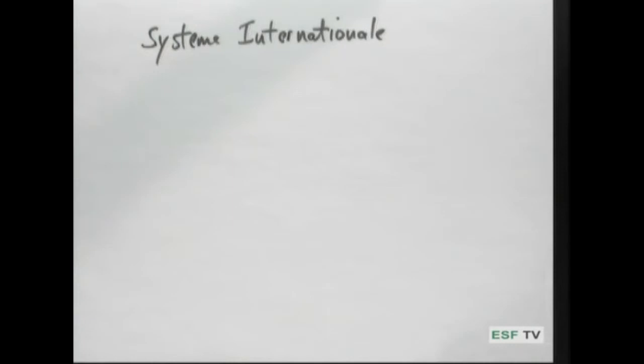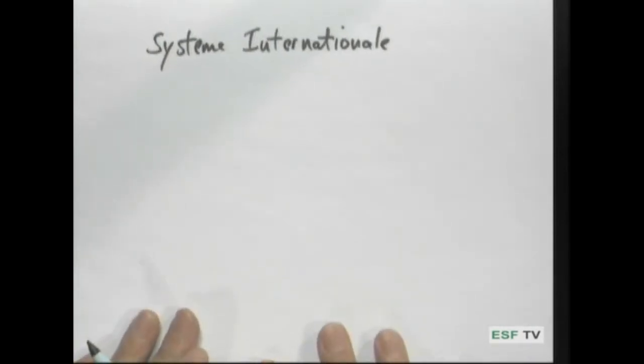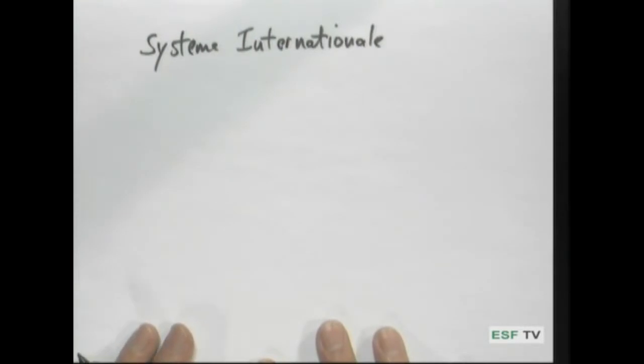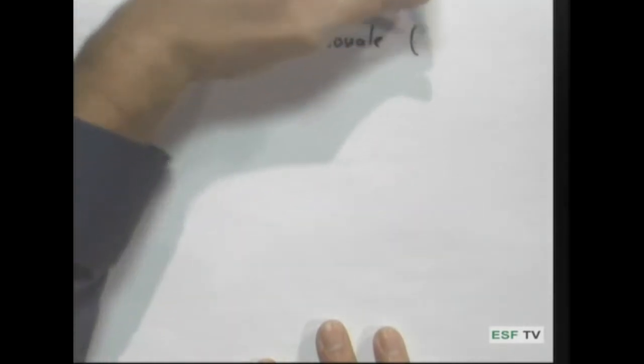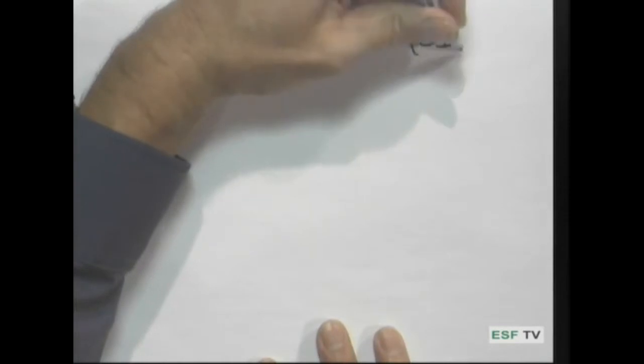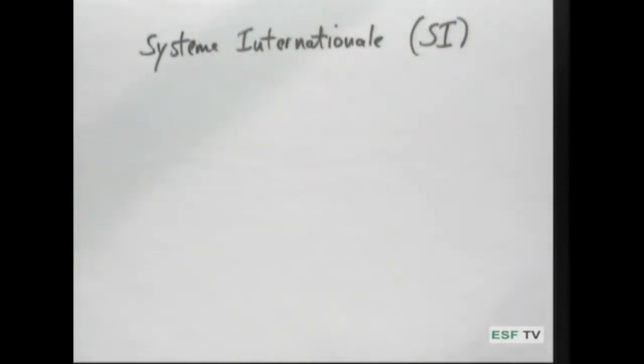I'm not going to attempt to pronounce it, but this is the standard unit or system of units that we now refer to, and it's usually referred to as the SI system by English speakers. Of course, SI system is redundant because the word system is already in there.